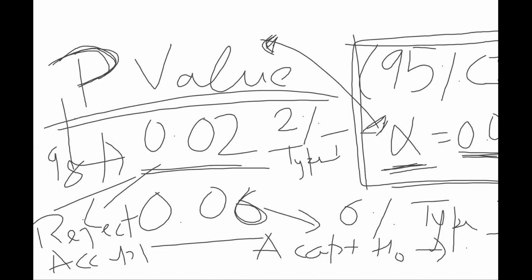For that, we want the p-value to be less than our alpha, so that we can reject our null hypothesis and accept our alternate hypothesis, which gives us the result that there are statistically significant differences in our formulation. So this is what is called the p-value.